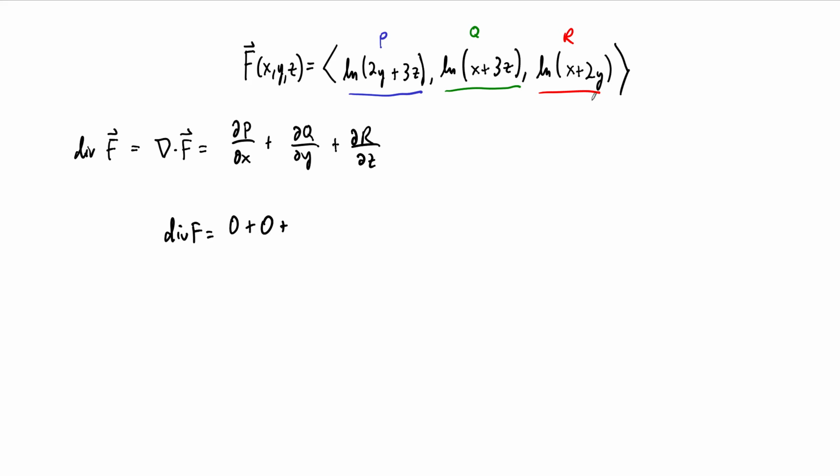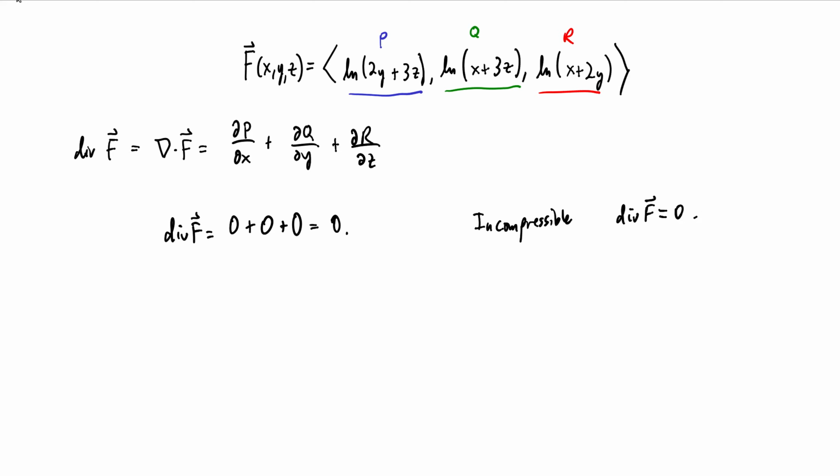And same thing with r. R has no z's, so its z derivative is also 0. And so the divergence of this vector field is 0. So when a vector field has 0 divergence, we call that vector field incompressible. So incompressible when the divergence is 0.